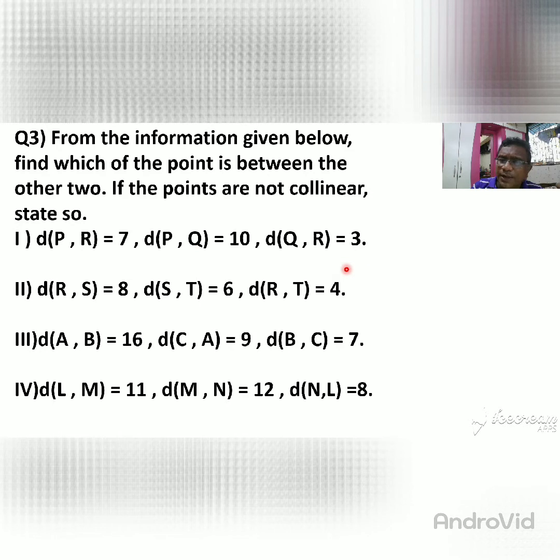Because you write it this way: distance PQ is equal to distance PR plus distance QR. If the sum of distance PR and distance QR is equal to distance PQ, then they are in between. But if their sum is not equal to distance PQ, then they are not in between.